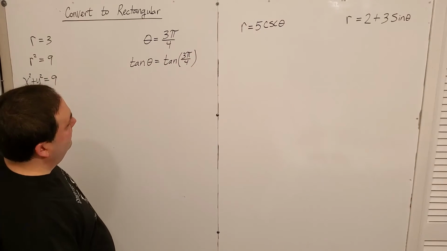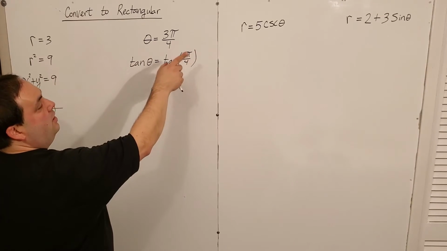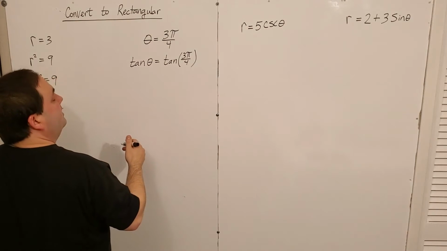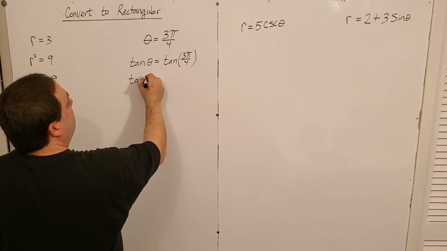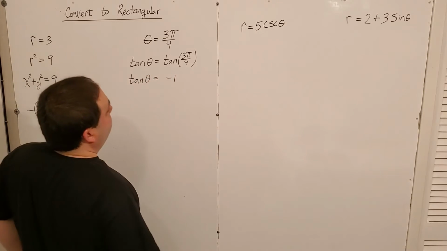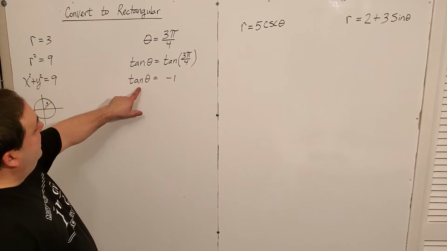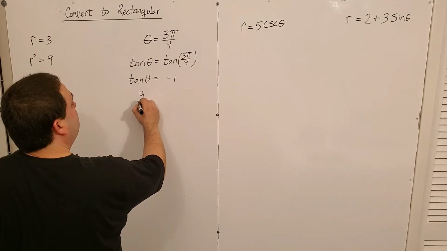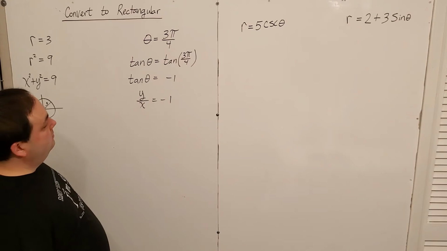Now, of course, tangent of 3 pi over 4, you're supposed to know that. That's tangent of 135 degrees, in the second quadrant, so -1. But then tangent theta had an equation for it: tangent theta is equal to y over x.